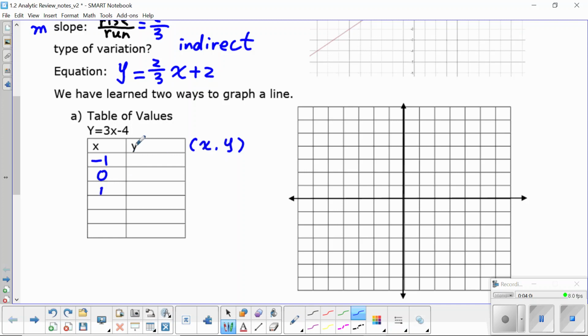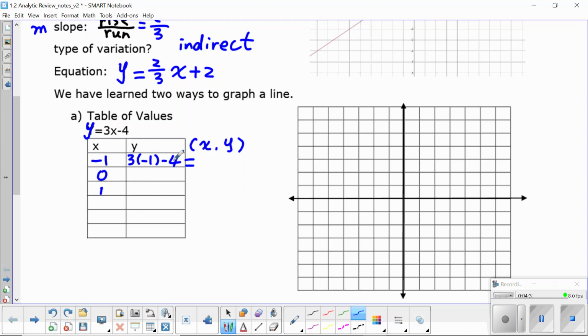For the y values, we substitute the x value into the equation y = 3x - 4. For the first one, x = -1, so y = 3 times -1 minus 4.